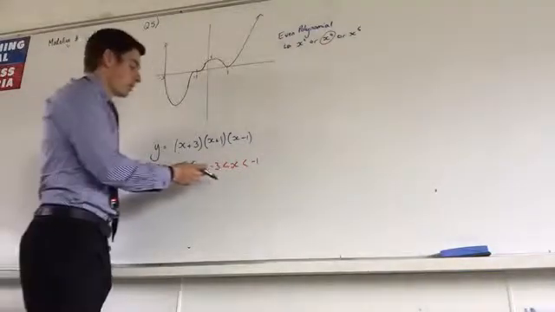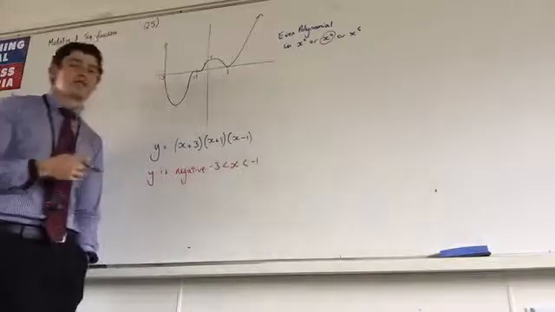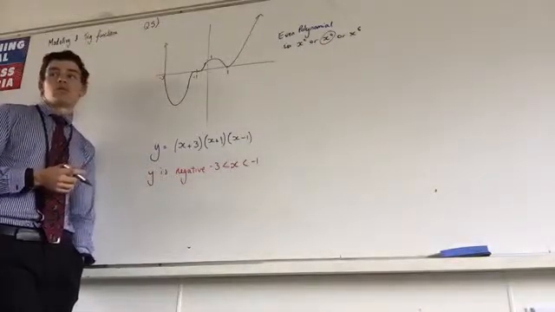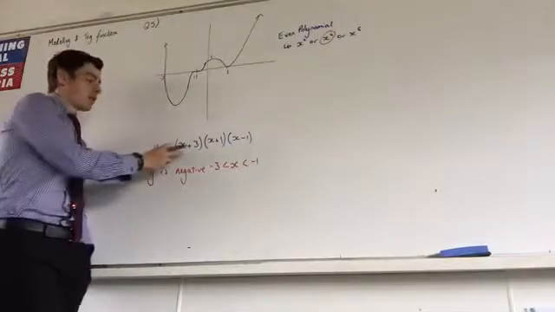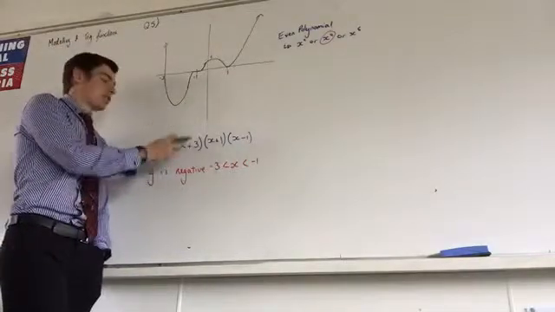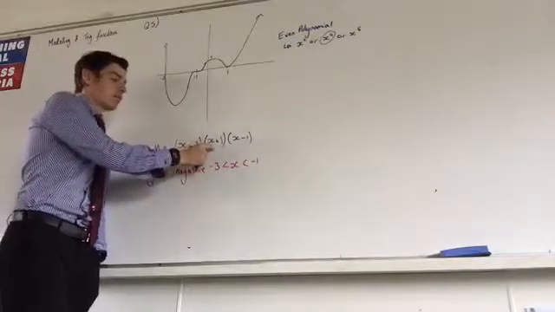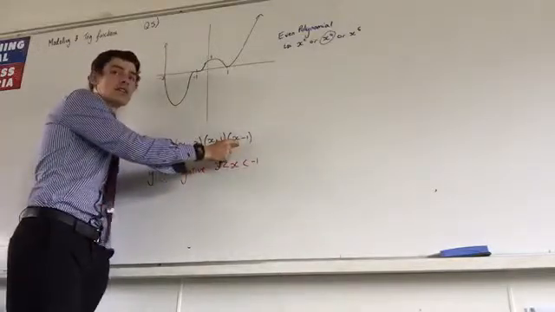So when x is between -3 and -1, which one of these is negative? Let's let x equal -2. 1, -1, -3.